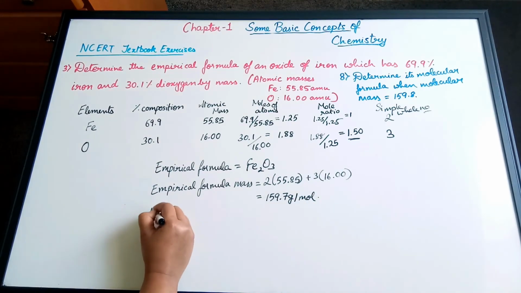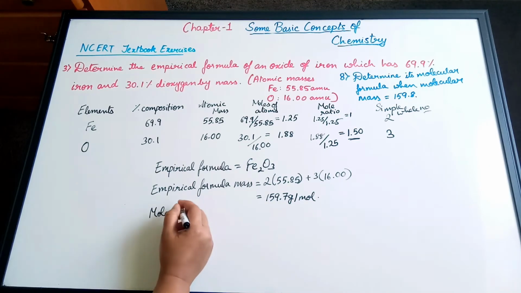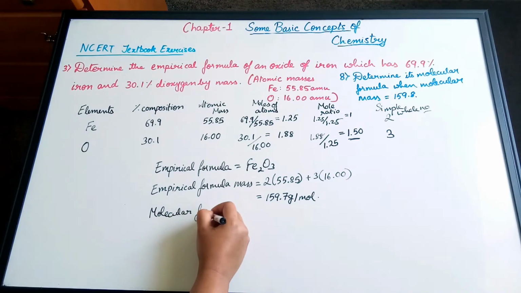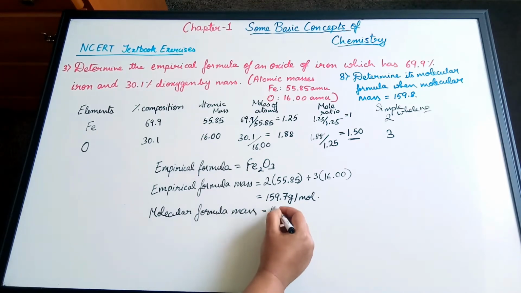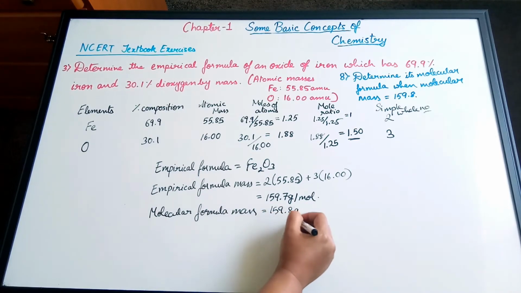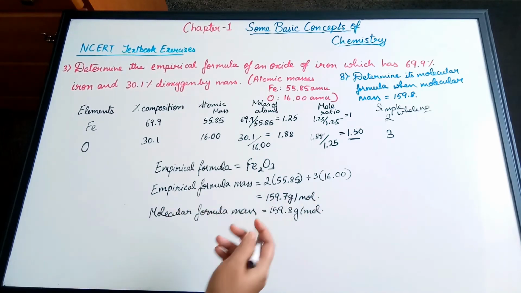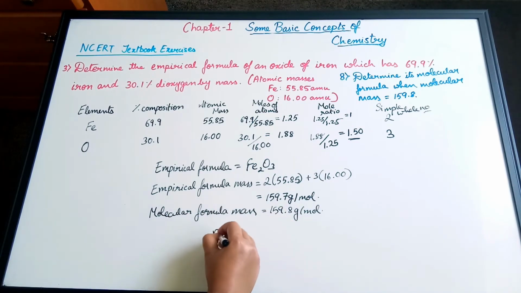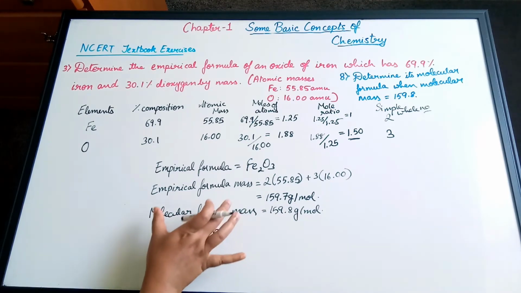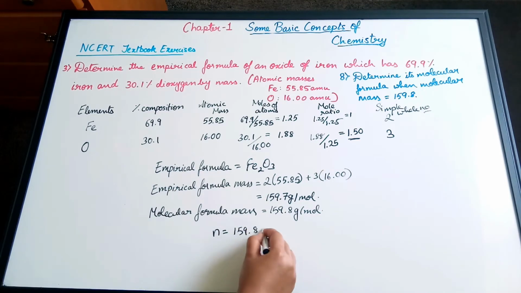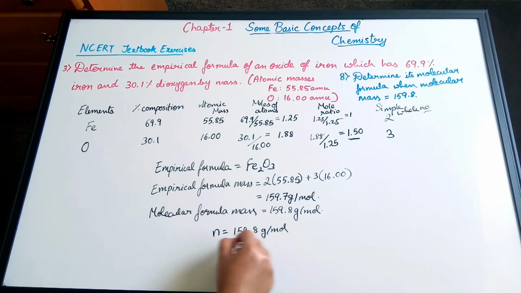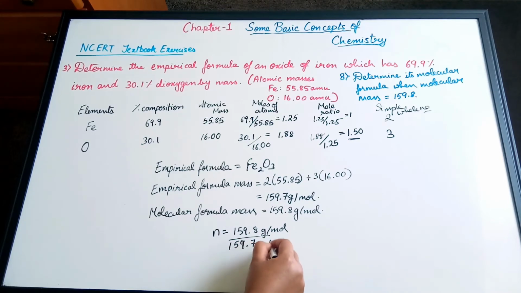We have been given the molecular mass, that is equal to 159.8 grams per mole. So the value of N equals the molecular formula mass divided by the empirical formula mass. So 159.8 grams per mole divided by 159.7 grams per mole.